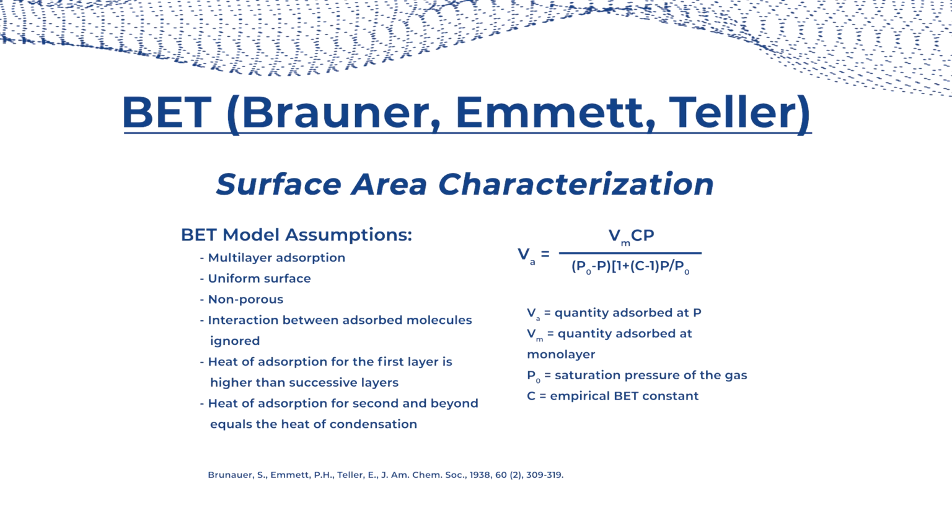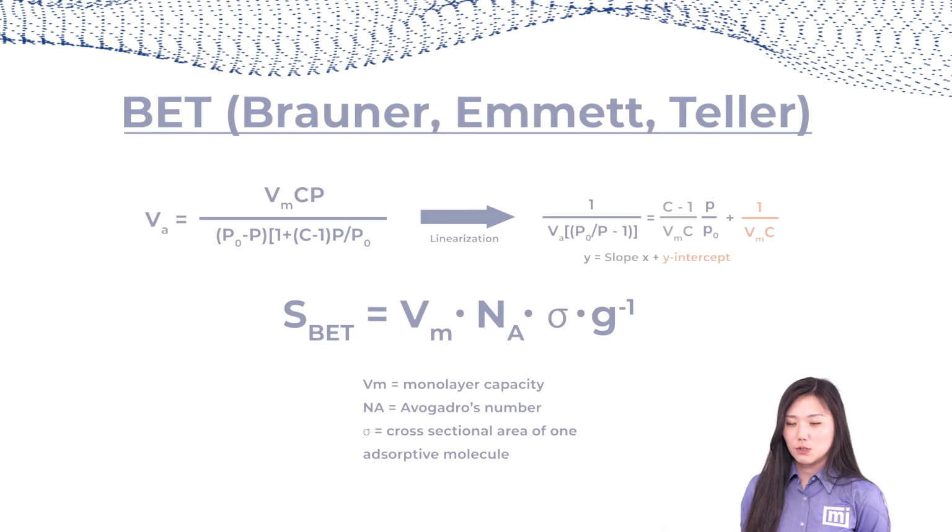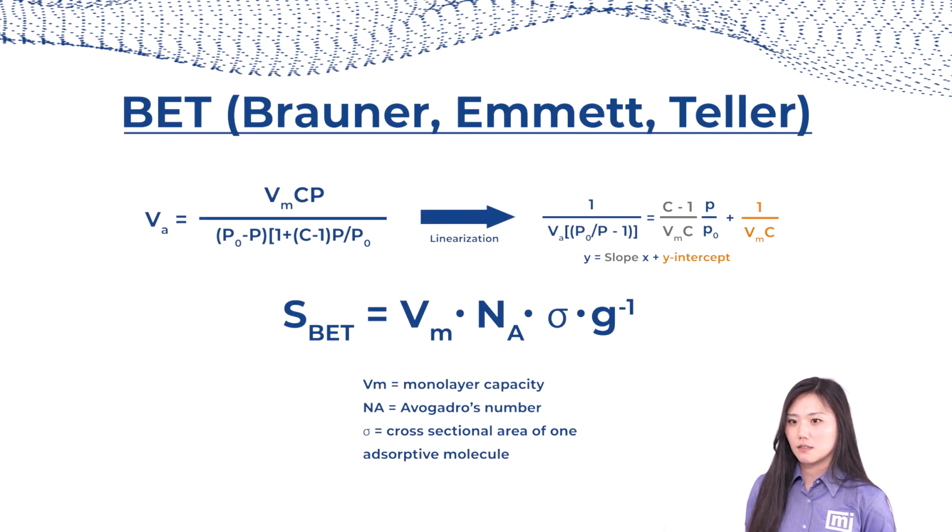With these assumptions, we arrive at the BET equation on the right, where V sub A is the quantity adsorbed at a given pressure, V sub M is the quantity adsorbed at monolayer, P0 is the saturation pressure of the gas, and C is the empirical BET constant. By linearizing this BET equation, we can plot it as a linear plot to obtain the slope and the y-intercept.